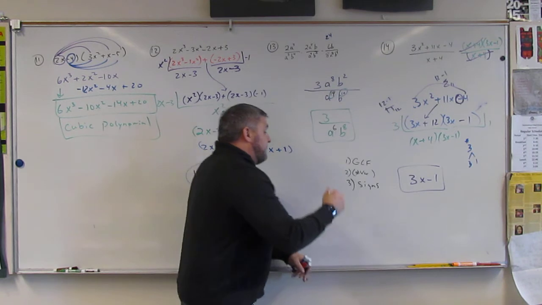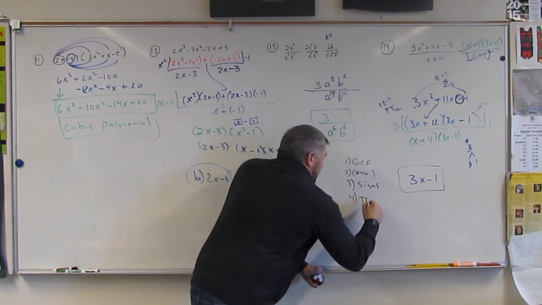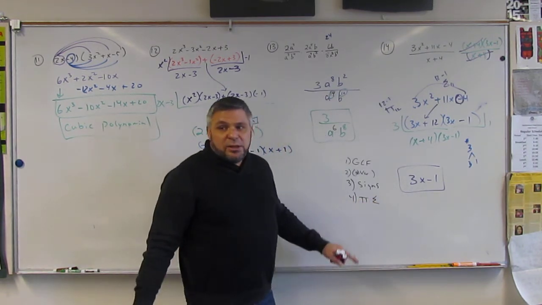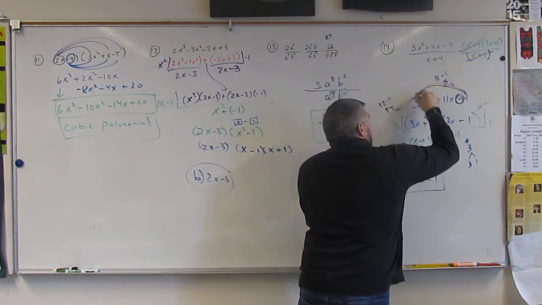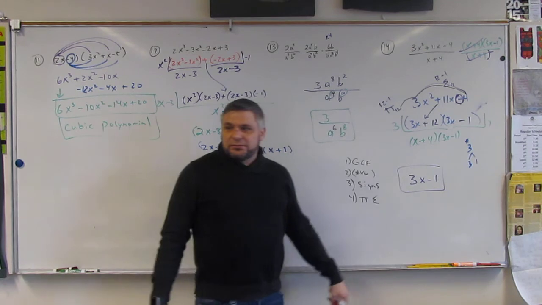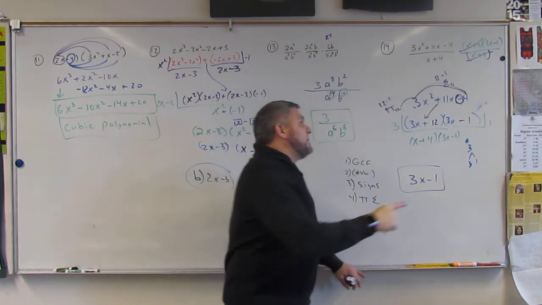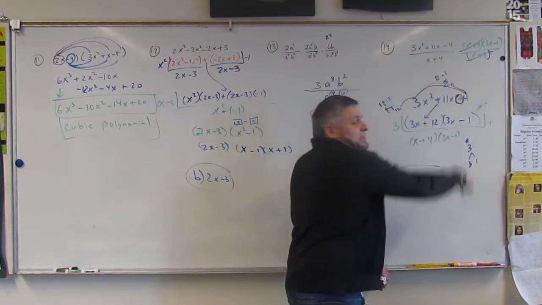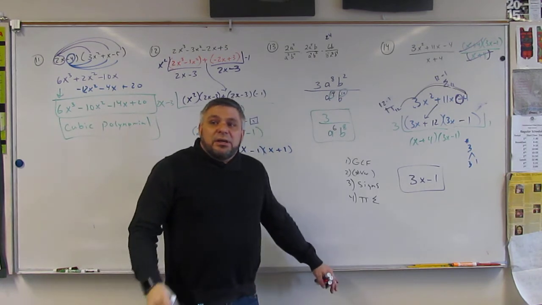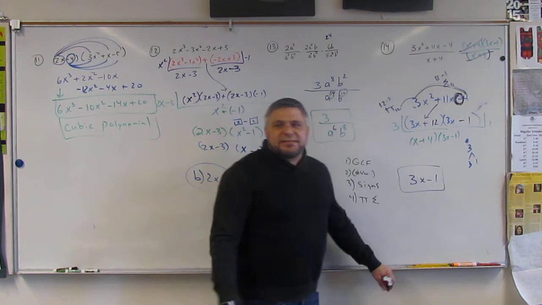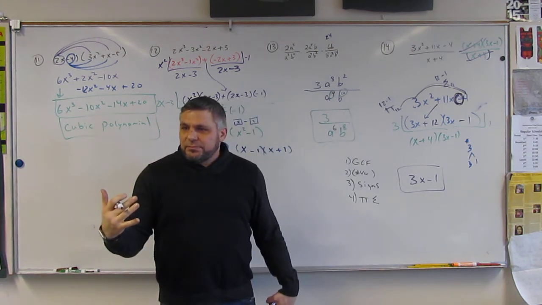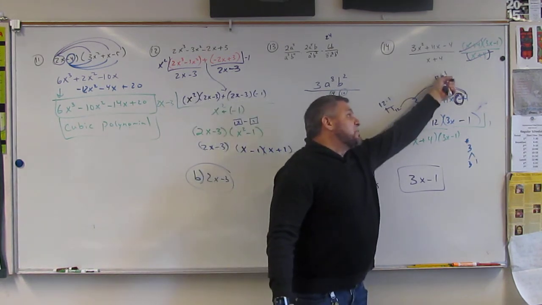Okay? Fourth, product and sum. So your product is your first number times your last number. So 3 times 4 is 12, right? And your sum is your middle number, which is 11. So in the sum, you do whatever this second sign is. You always do that to find the sum. So in this sum, we're subtracting.